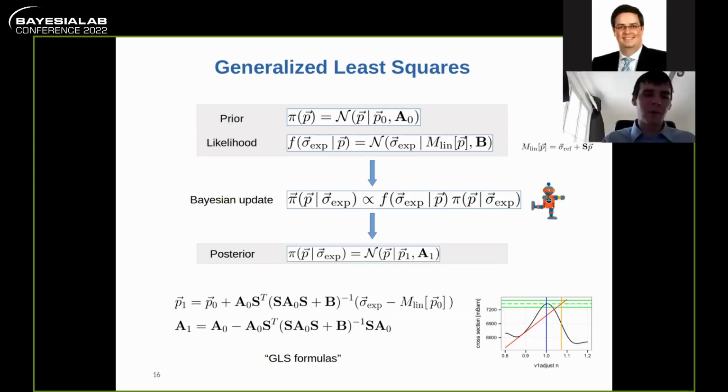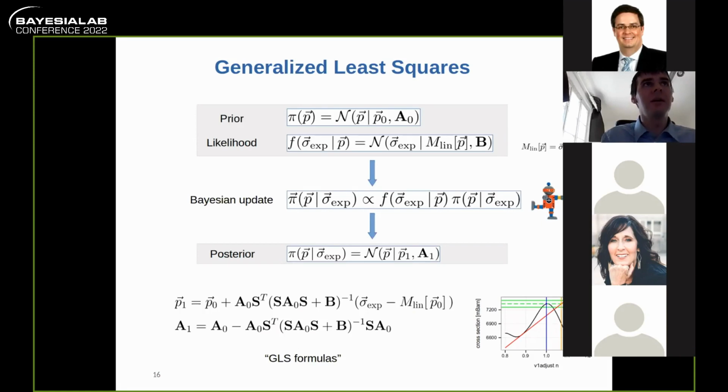So we have some quantities of interest, P, which you can see in the first line. And we assume we have some prior knowledge about these quantities, which we quantify as estimates, standard deviations and correlations. So we construct a multivariate normal distribution. And then we have some probabilistic link of these quantities to experiments we can perform.